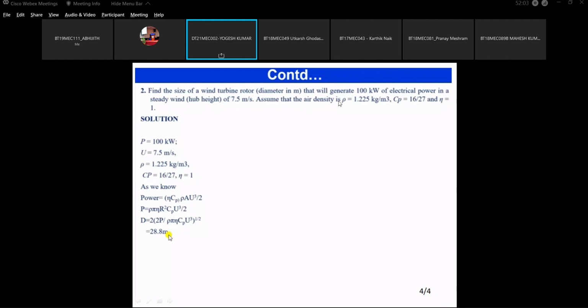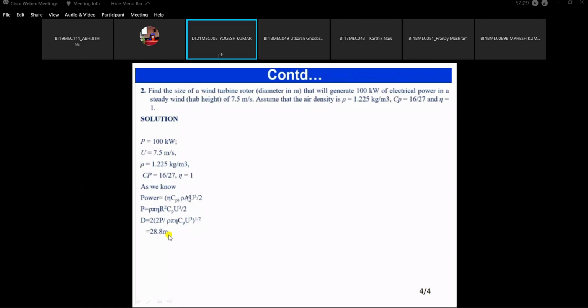Assume that the air density is 1.225 kg per meter cube and Cp is also given 16 by 27 and efficiency equal to 1. So we know the formula for power. Power equal to efficiency into coefficient of performance Cp into rho A U cube by 2.